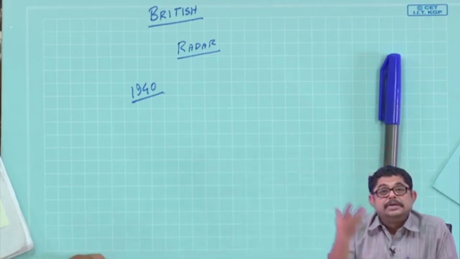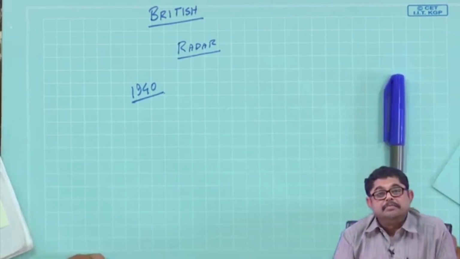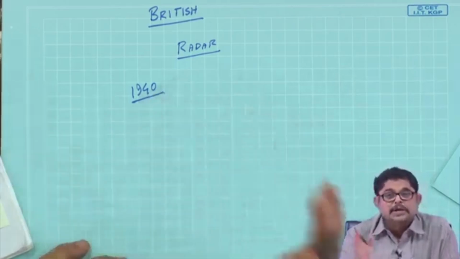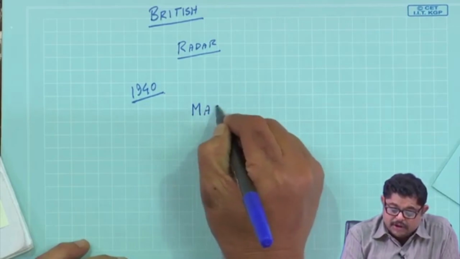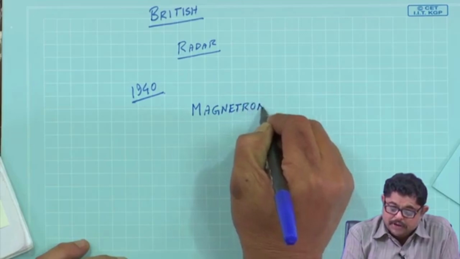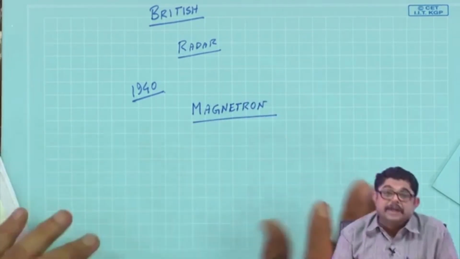So, high frequency and high power sources were not available, but by 1940 the British people had invented that high power source, which is called the magnetron. In microwave courses I think you have come across this. This is a very high power, very good source, but not a very stable source.